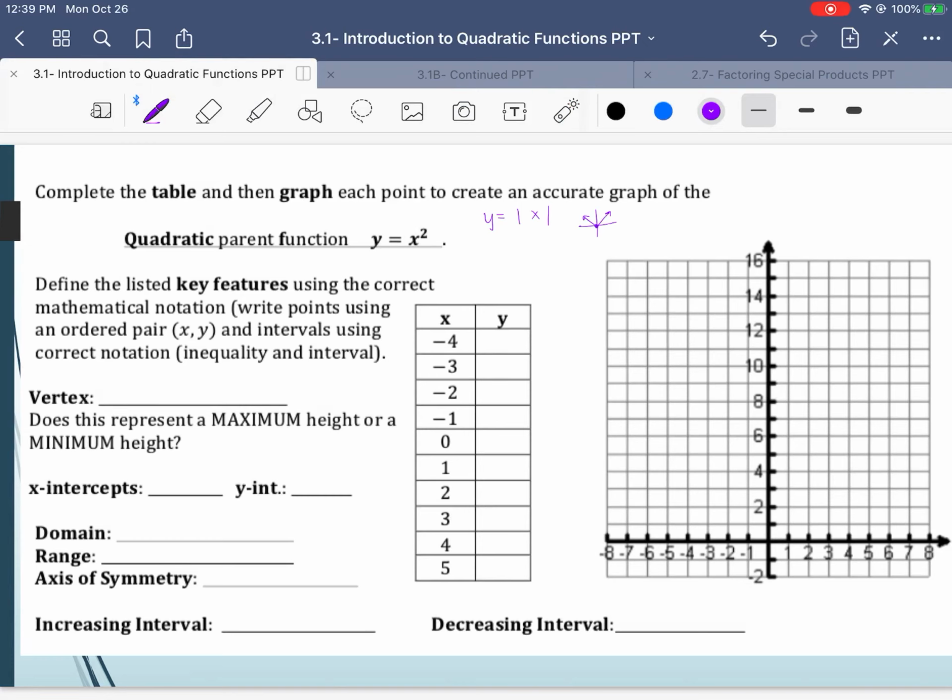And we want to plot some points to determine what this function looks like. So let's look at its behavior. Let's say I plug in a -4, and you could put this whole thing into a calculator and get a table that way.